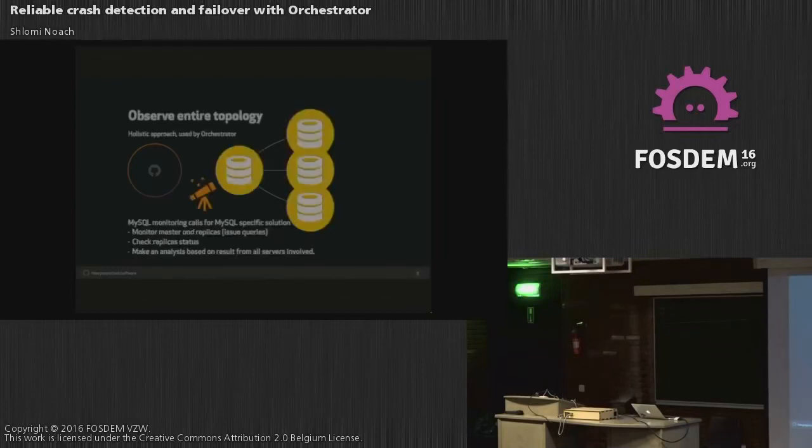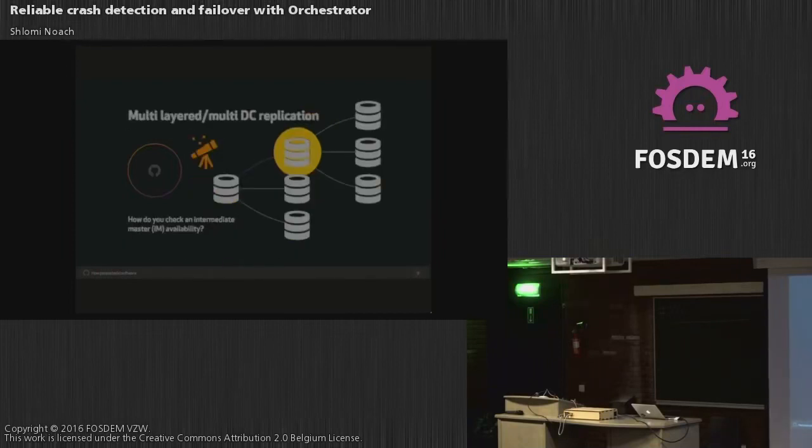So at the time of the crash, Orchestrator doesn't just observe the master, it also observes all the replicas, all the slaves everywhere around the topology. And it checks each and every one of them. And it says, well, what do you think? And it's not just issuing a select 1 or something like that. It's actually connecting to those replicas and saying, show slave status. What do you think? Process status? What do you think?